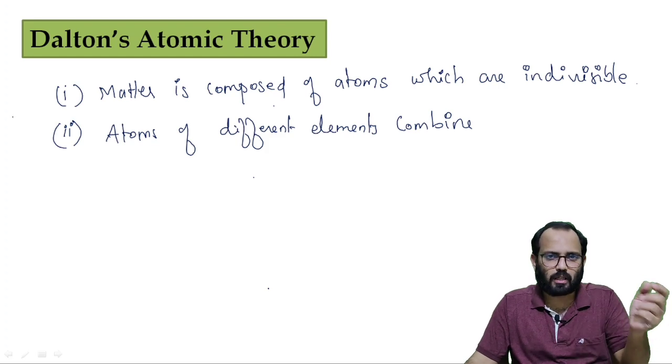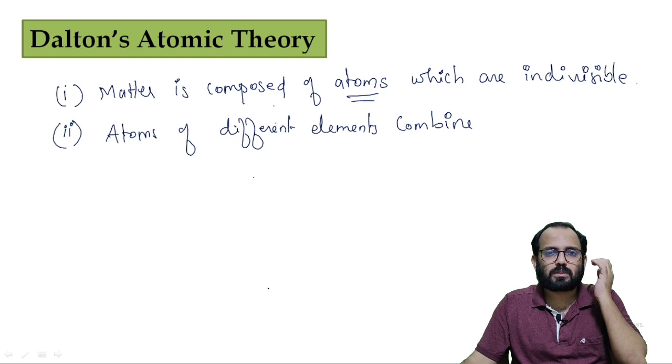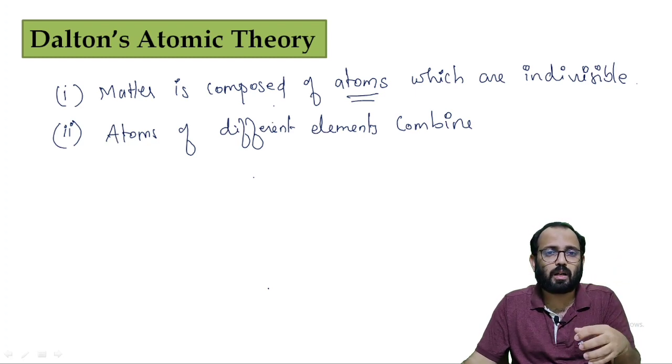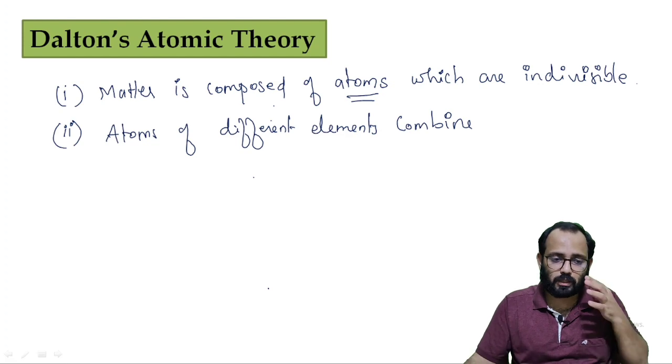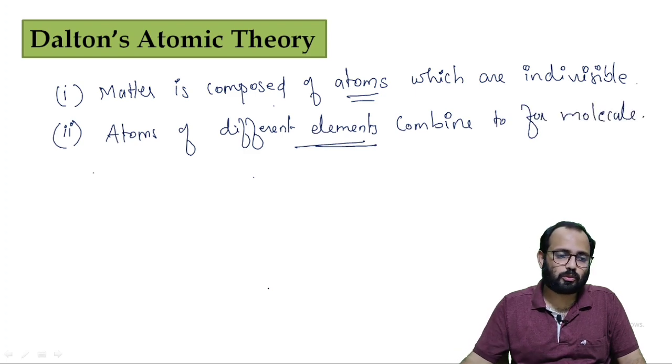Matter is composed of a large number of tiny particles called atoms, and all atoms of the same element are identical in mass and properties. Atoms of different elements differ in mass and properties, and atoms of different elements combine to form molecules in a simple whole number ratio.